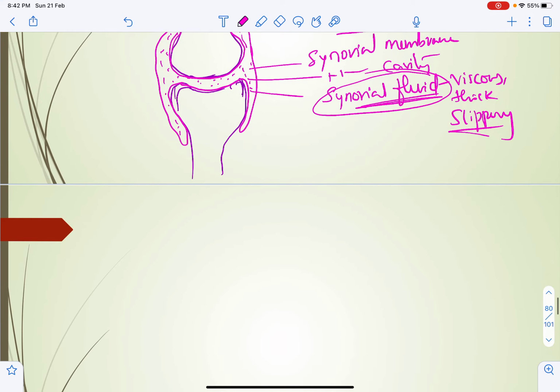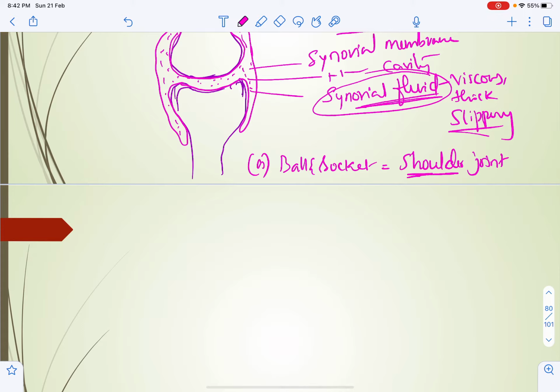And there are different types. Generally, the ball and socket joint is present in the shoulder joint. The shoulder joint is made up of the humerus.